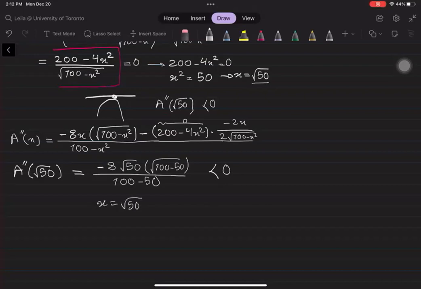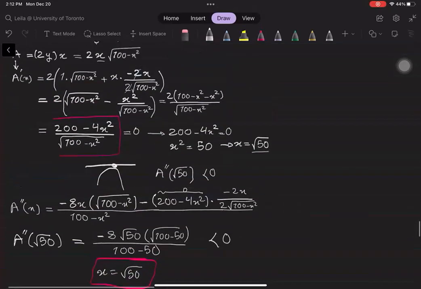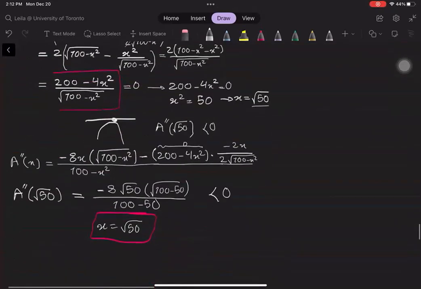is your, yeah, it's your largest x, right? And so the question asks your largest area.